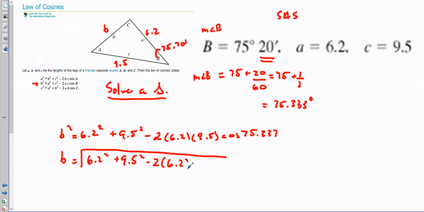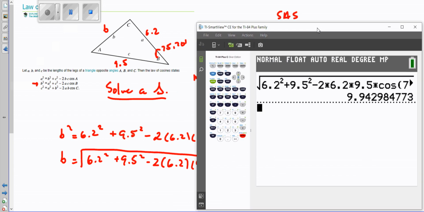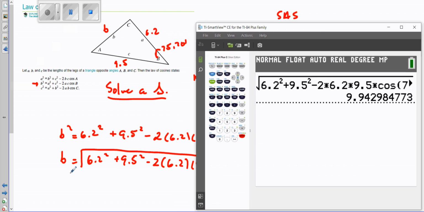For those that are not too calculator savvy, you can pause it and plug it in. I'm going to do that right now to save some time so this video doesn't get too long. When I plug it in, B is going to equal 9.943.